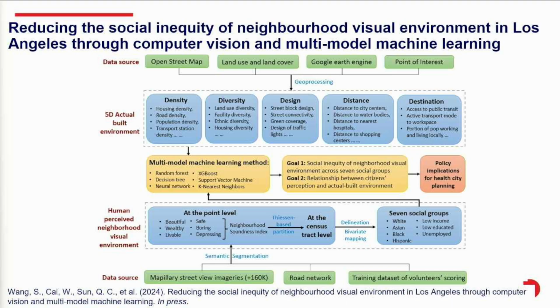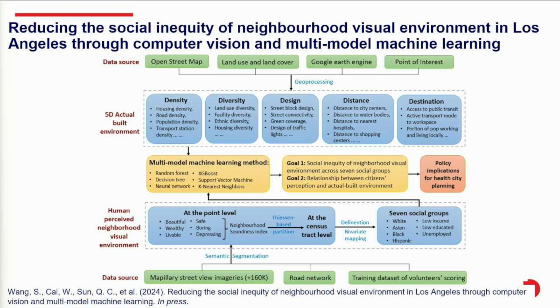And then we applied the model to 2 study areas. One is Los Angeles, and the perception indicators are linked to other built environment information. For example, the density, diversity, design, distance, destination, all these built environment indicators linked to how people feel on the street.